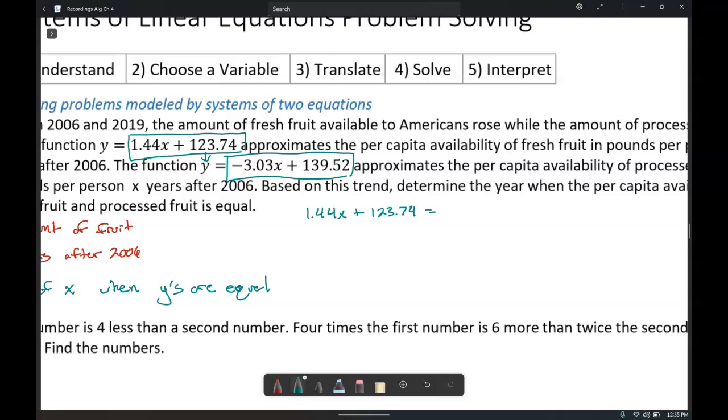So we have our fresh fruit. When will the amount of fresh fruit equal the amount of processed fruit? We can solve using our properties of equality, which I'll do now.